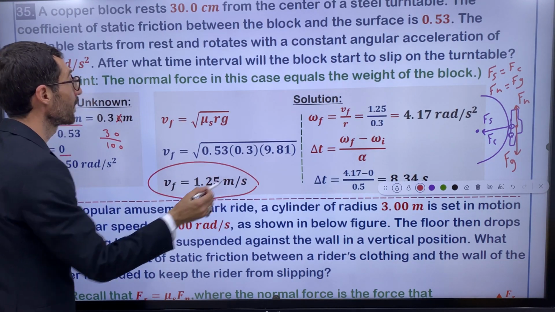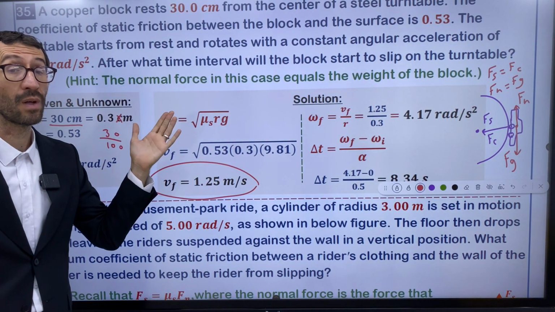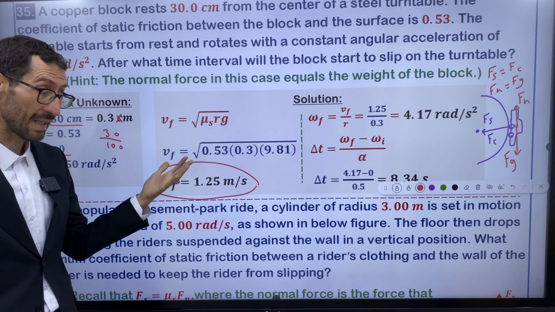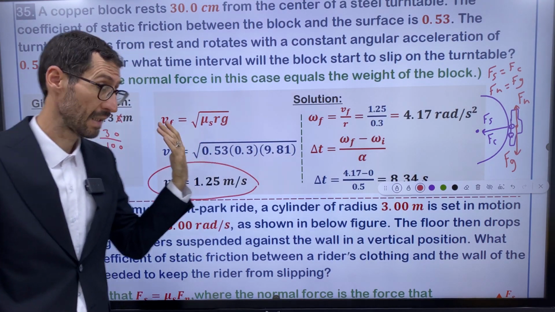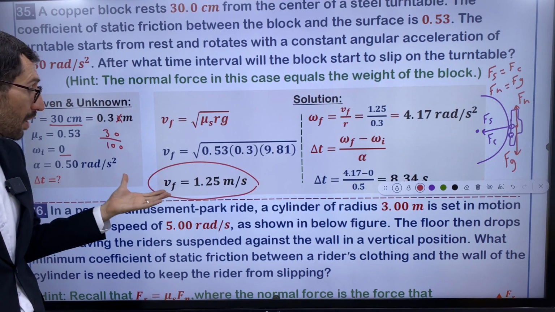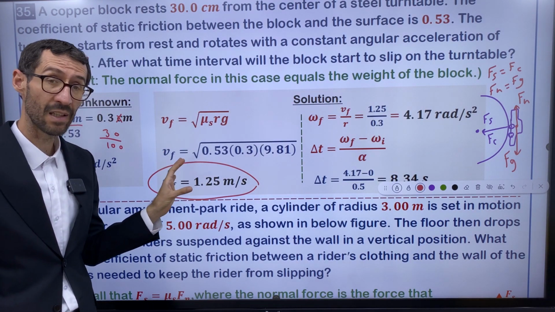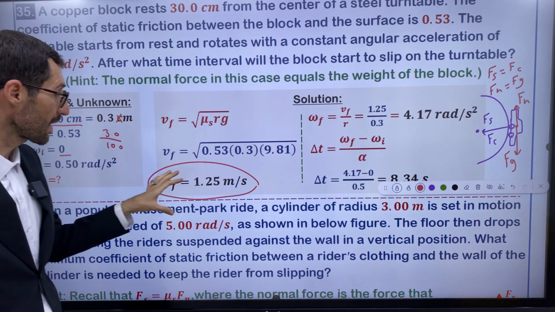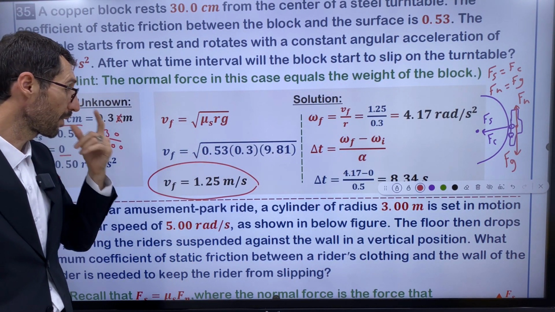Are we done? No, because it says after what time interval. We look for time interval, right? But we are close to the end of the question because we found the final velocity. But final velocity, you have to convert it to omega f.